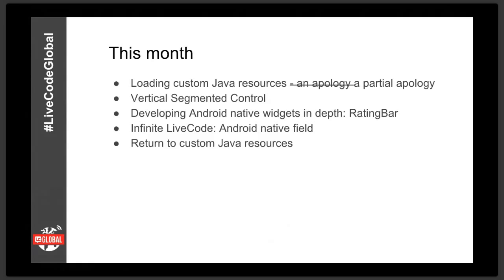I'll talk about the vertical segmented control, and then I'm going to have an in-depth look at the RatingBar widget, which I've just added some functionality to, and then talk about the native field and a little bit of return to the beginning.